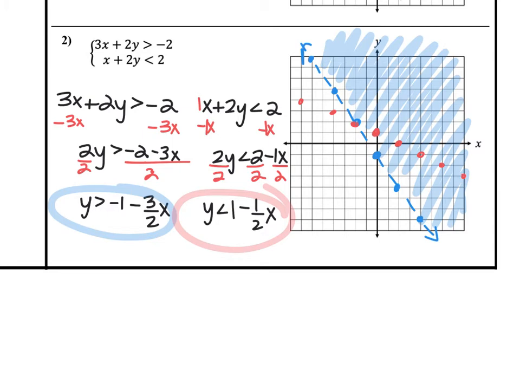So we're going to have a dashed line again, because it's not or equal to, ooh, I messed up that last point. If you see it. This one, that's wrong. Okay, so dashed line. And because it's less than, I shade below.